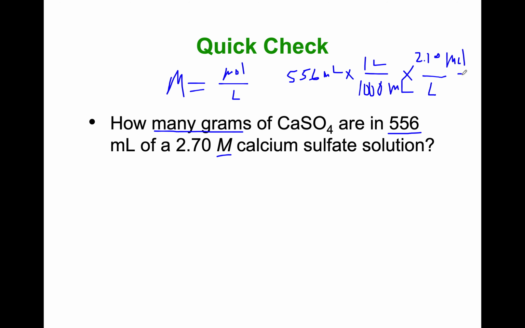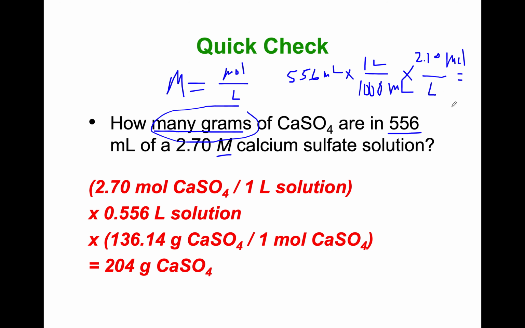So if we stopped there, that would take us to moles. We need to go to grams, so then you just do one other step, multiply by the molar mass. And you can see here, molarity times volume gives you moles, times the molar mass gives you 204 grams. So this is a little calculations with molarity.